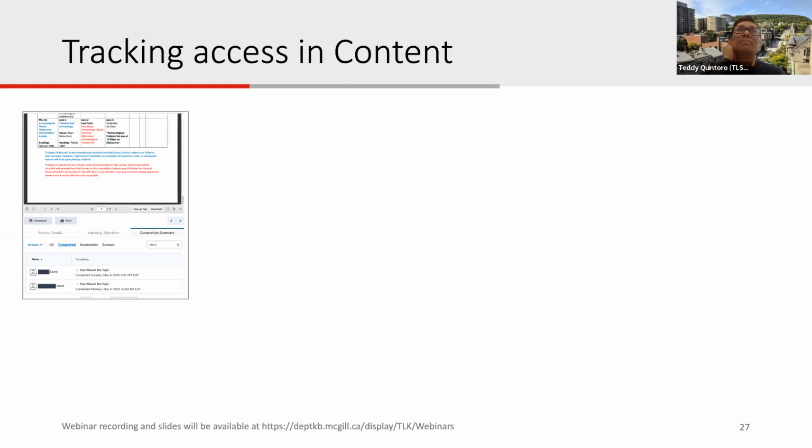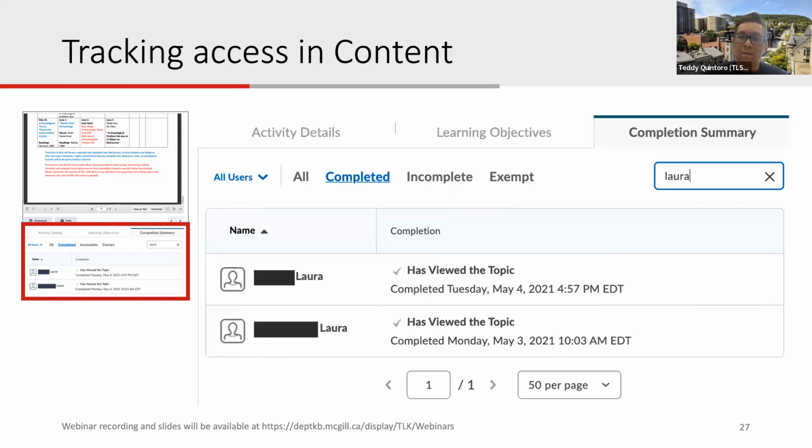You'll have a table at the bottom that lists the activity details, the learning objectives, and the completion summary. Under completion summary, for example, if you want to search for Laura, whether or not she's looked at the course outline, you can type the name of the student, and you can see there's 2 Lauras here, and then you can see when they actually viewed that piece of content.